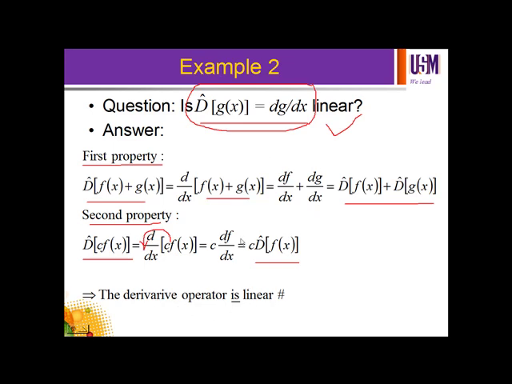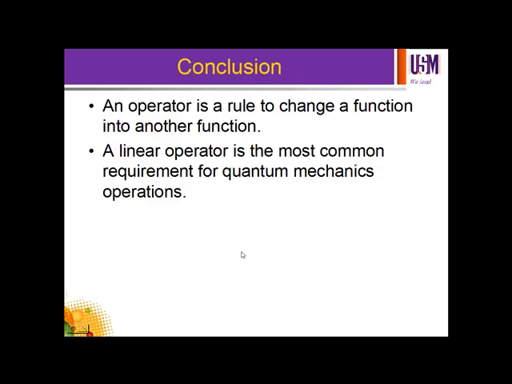So here you can see how we can prove an operator is linear. The operator should fulfill the two properties of a linear operator. We try the first property, then the second property, and see whether the operator fulfills the requirements.